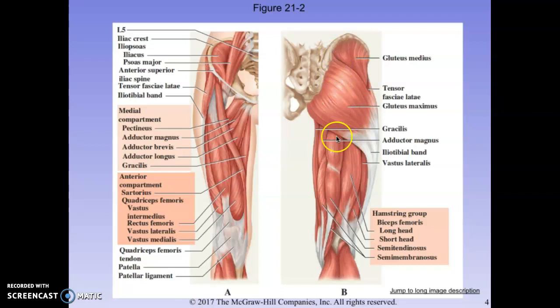So they come up and they cross the hip joint up here underneath the glute muscle, and they do hip extension. So if you're thinking about running to propel yourself forward, you need a combination of hip extension, swinging that leg back, and also knee flexion, flexing that knee as you propel yourself forward.